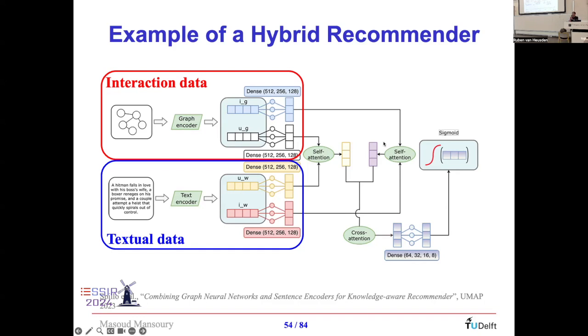After combining them, it results in one embedding for the users and one embedding for the items, and then the problem is just computing the relevance score for the target items for the target user. So this is an example of a recent research work that shows how two models can be combined for a hybrid recommender.